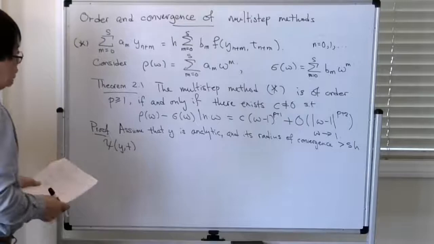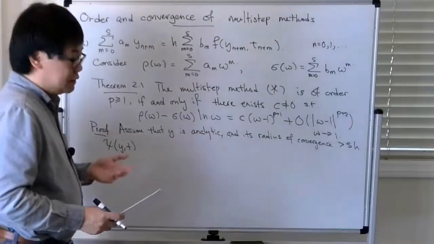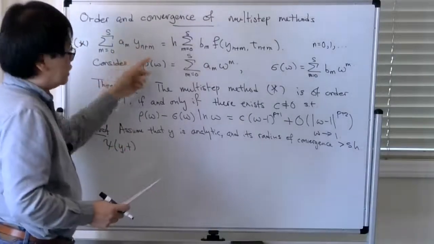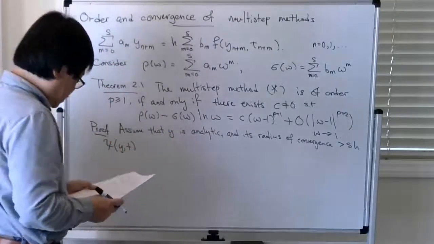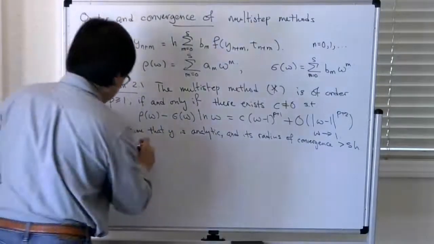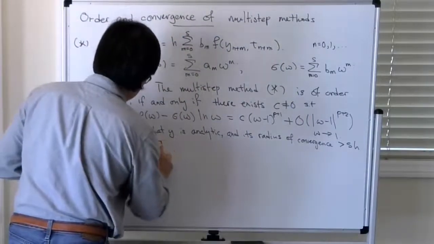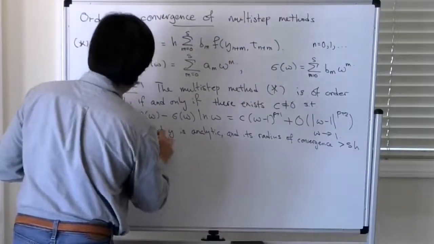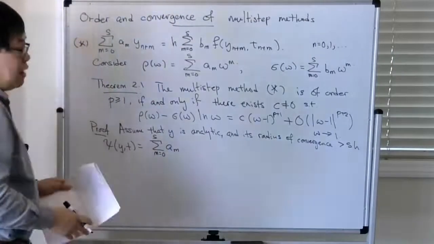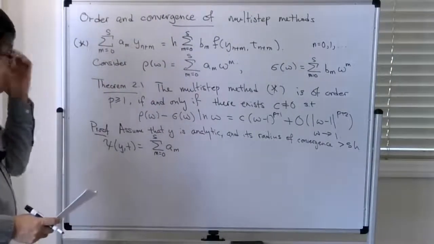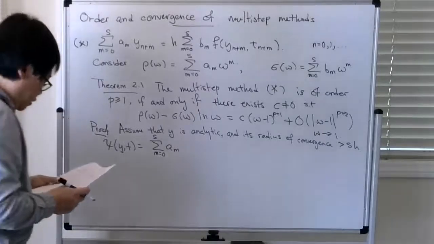So what I'm going to do is replace the solution y at different times using the Taylor expansion. This is the sum from m equals 0 to s of a_m, and then there's a y at t plus mh term, if you recall.